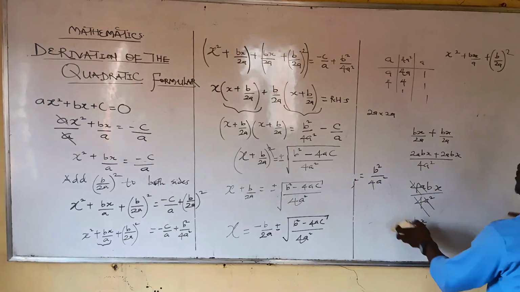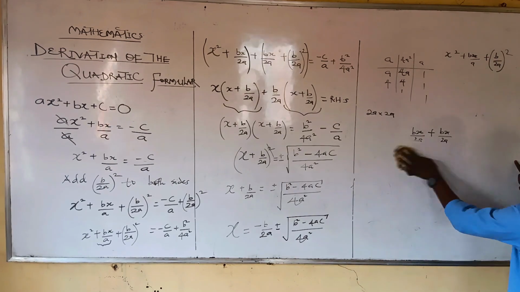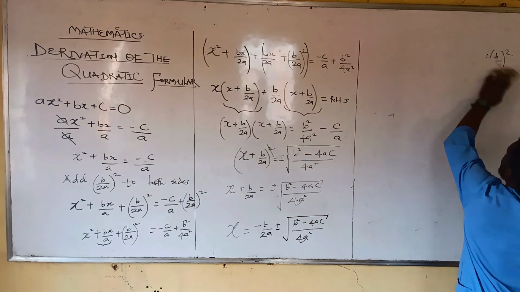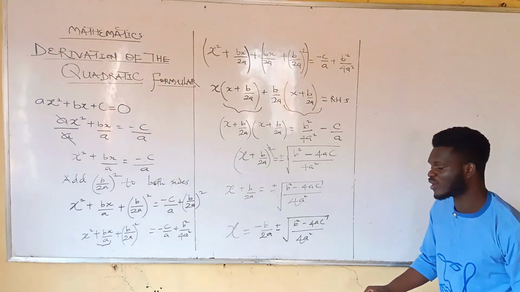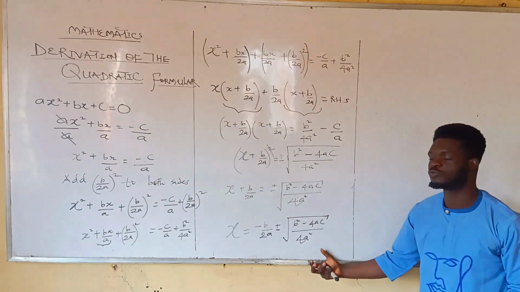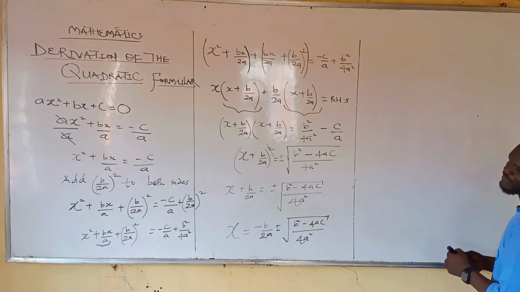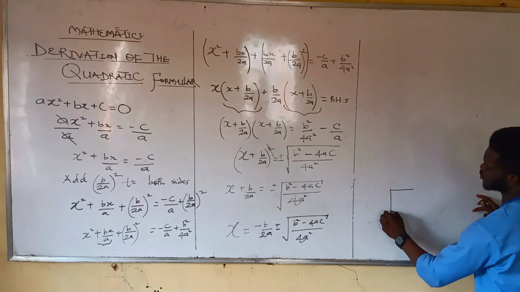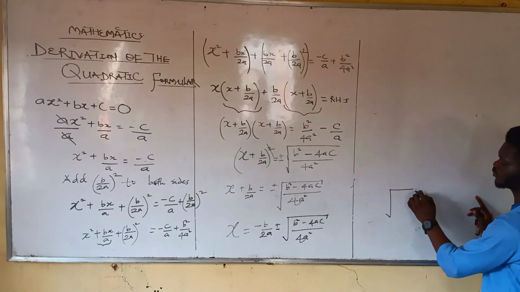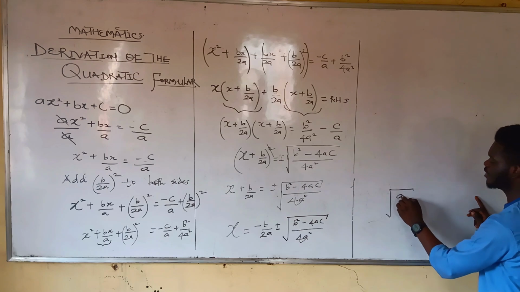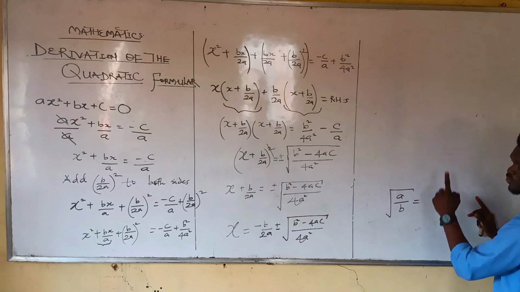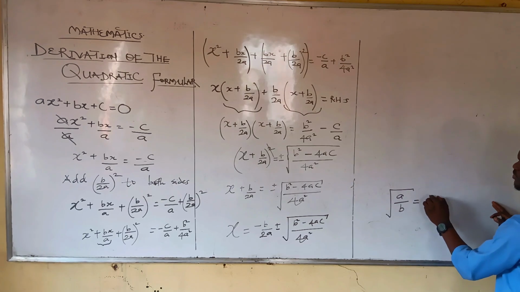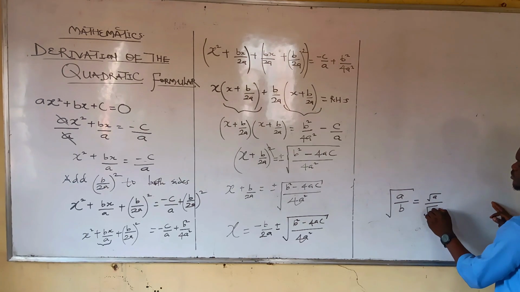Okay, now after this, the final thing we are going to do is simplify this equation. Mathematics also gave us the surd rule, if you know your surd very well. Whenever you have the square root of a over b, all rooted, you can say root a over root b.